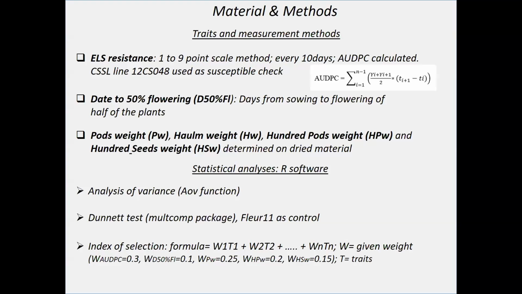At the end, we calculated a selection index using the formula presented here, where W stands for given weight and T for traits. We prioritized resistance to early leaf spot, which is why we gave the maximum weight to AUDPC, and the rest of the weight we divided among the other traits.